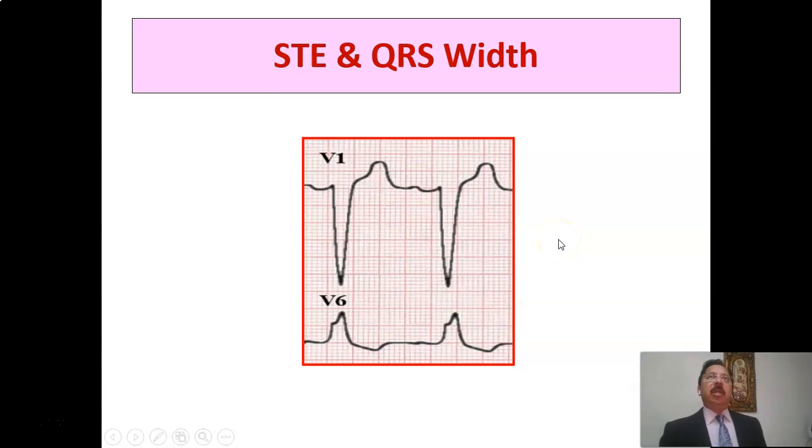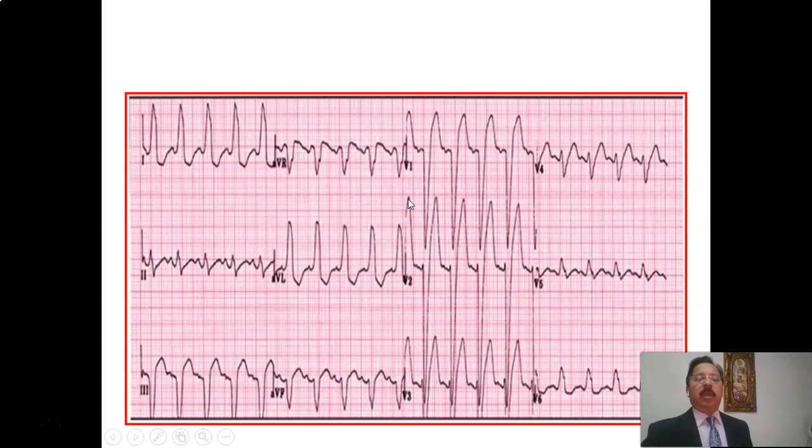Then the other causes of ST segment elevation may be related to the width of the QRS complex. So look at this ECG, and you see there are wide QRS complexes, and if you look at V1, there is a deep, wide, negative complex, and V6 is positive and notched.